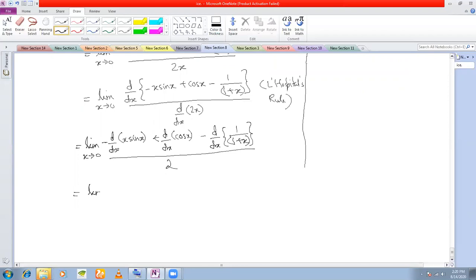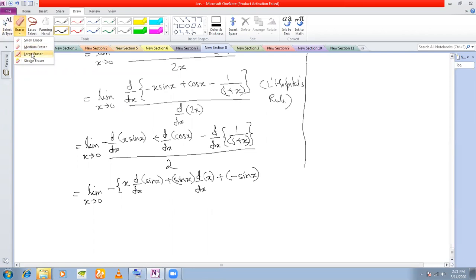So limit x tends to 0. Now differentiate by the u into v rule. So you have minus x d/dx of sin x plus sin x d/dx of x, plus d/dx cos x is minus sin x.